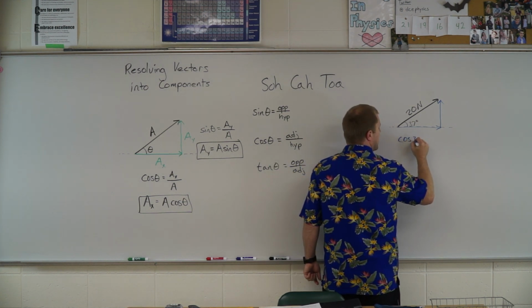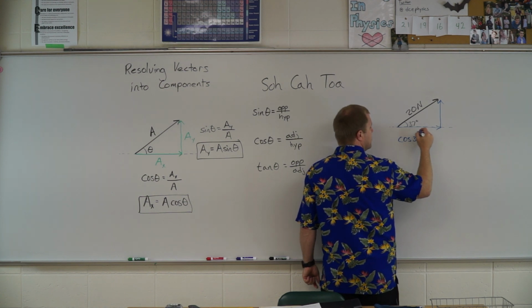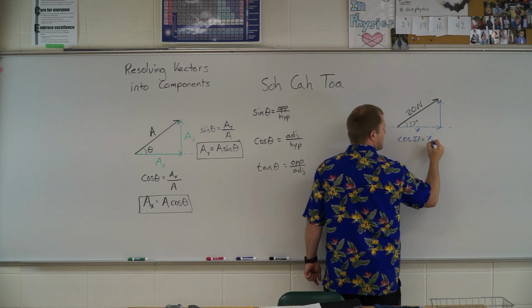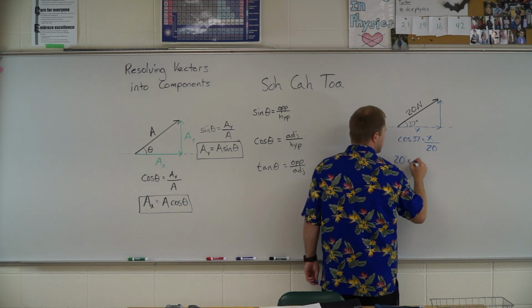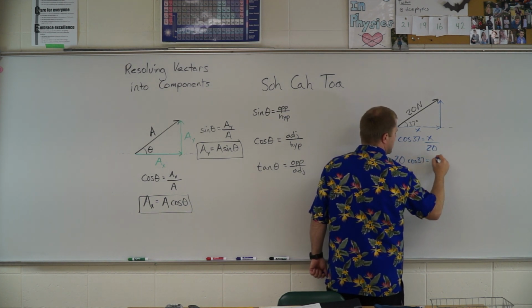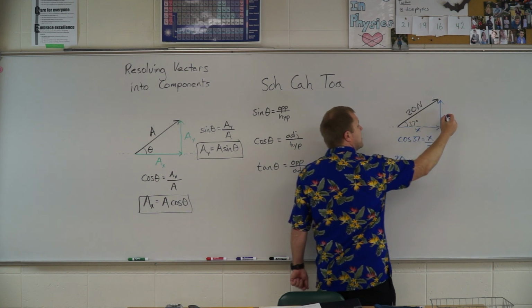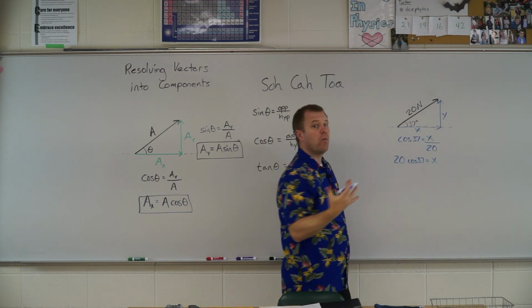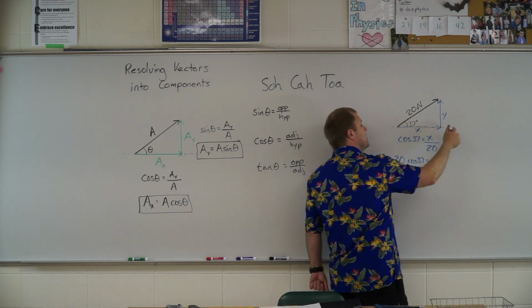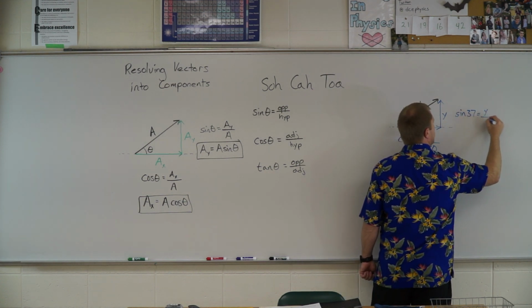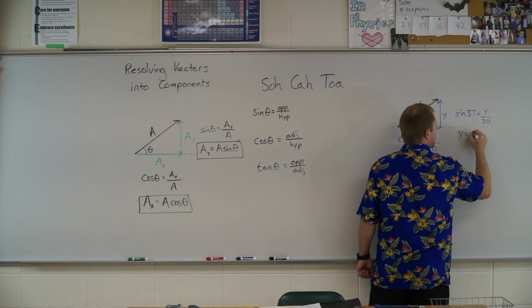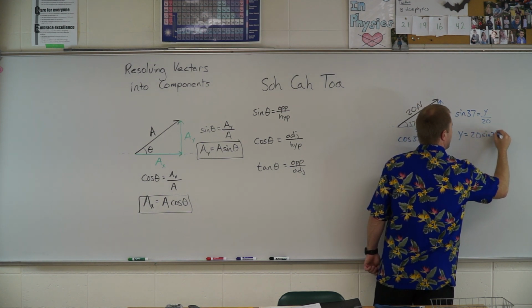The cosine of 37 is going to be my adjacent force, we'll just call it x in this case, divided by the hypotenuse 20. So I can do 20 times the cosine of 37 equals x. This side over here, I'll call it y because it's going to be my y component. It's opposite, so I'm going to be using sine. So the sine of 37 is equal to y divided by 20. So y is going to be 20 sine of 37.